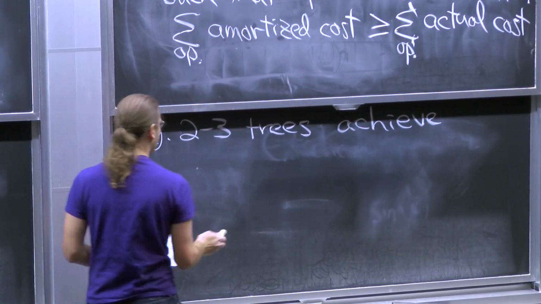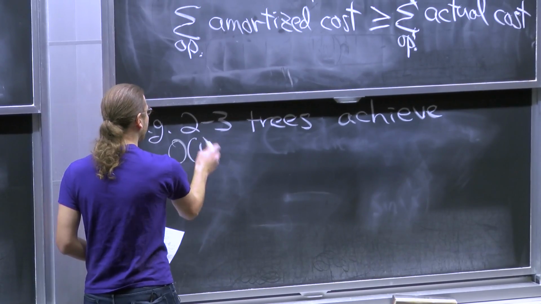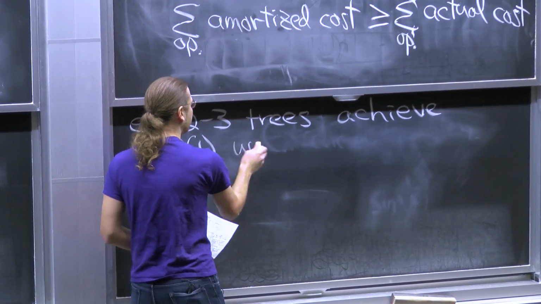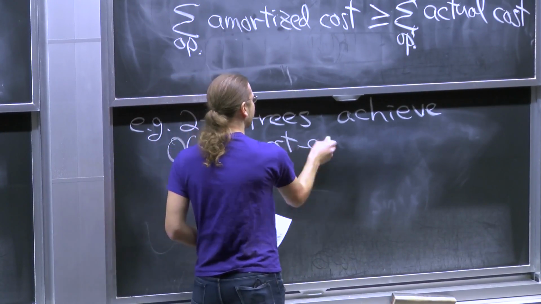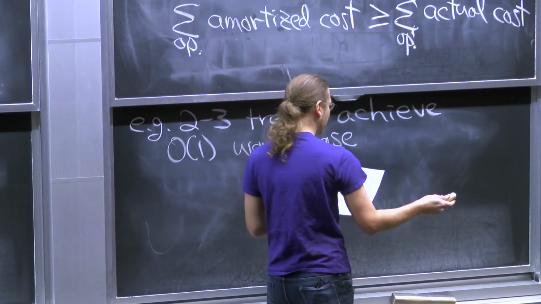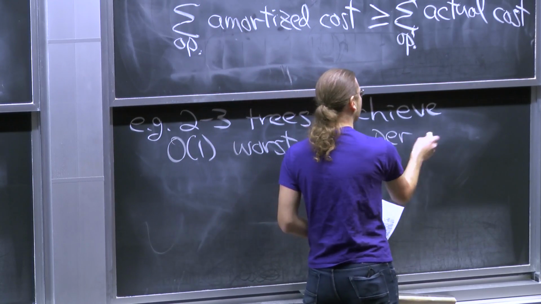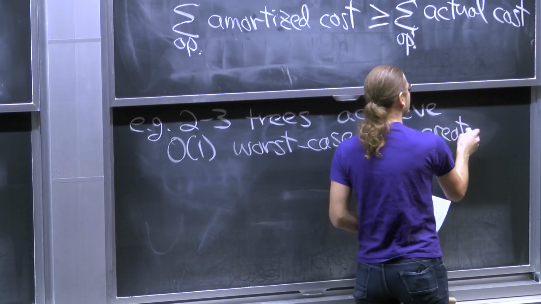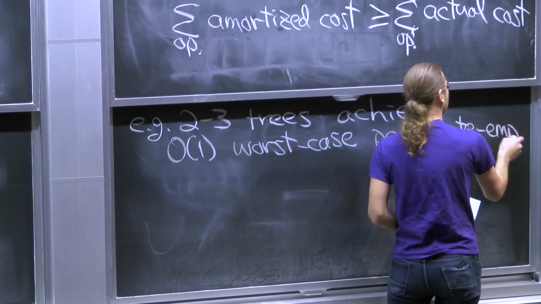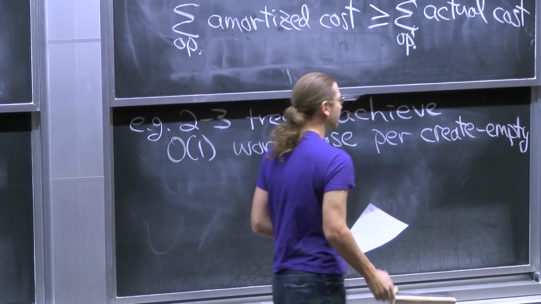So I claim I'm going to look at 3 operations on 2-3 trees. One is create an empty tree. So I need to think about how we're getting started in amortization. Let's say you always start with an empty tree.